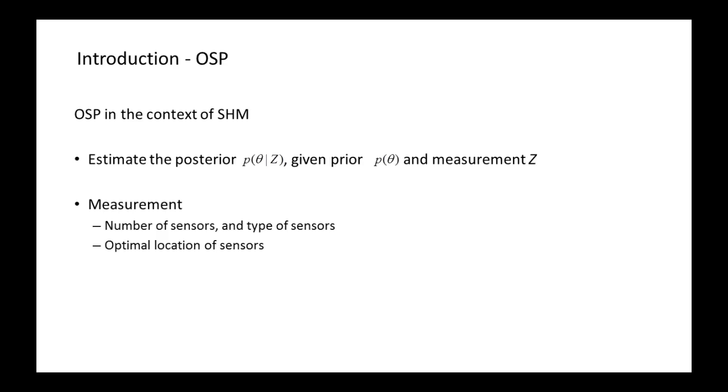And for the measurement, the question is how many sensors, what type of sensor, and the optimal location of sensors. Most often this part is ignored. They use whatever sensors they have in their lab, and however many sensors they have in their lab, but they forget about the optimal location. So today my topic is to find the optimal location of the sensors.